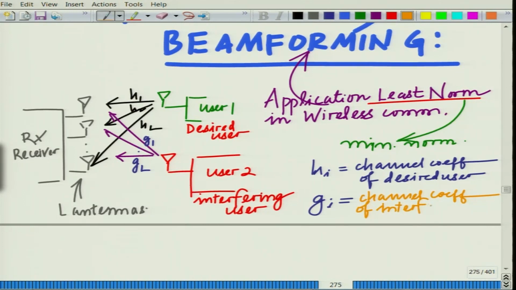This is the channel coefficient of the interfering user.